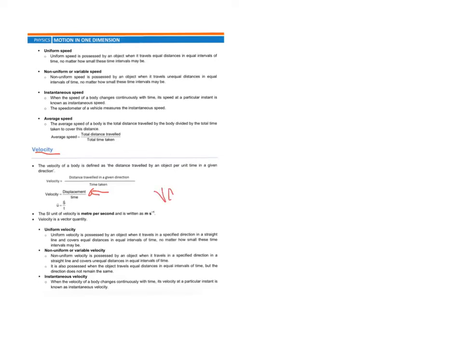So velocity is displacement by time, and it's a vector quantity.